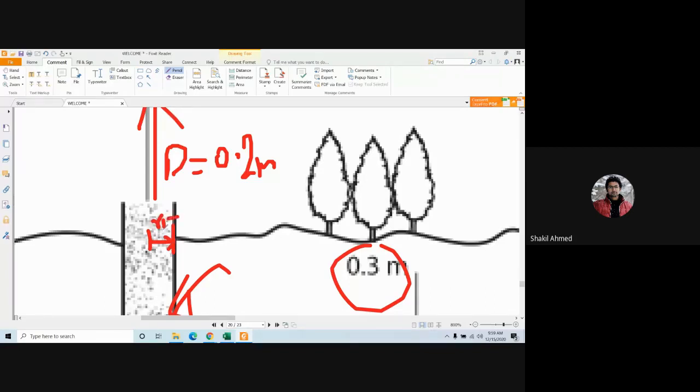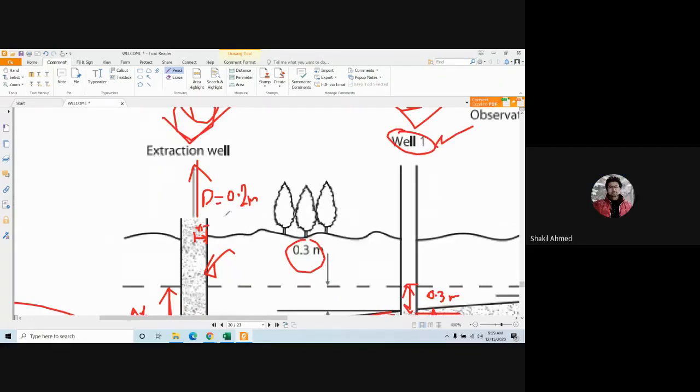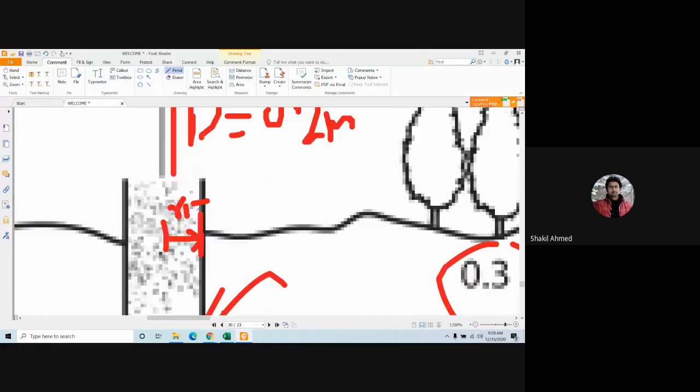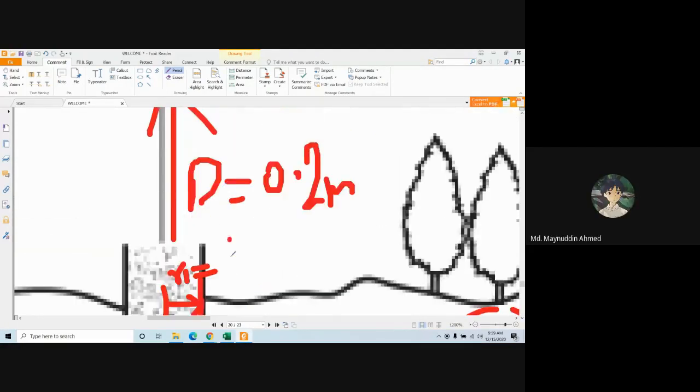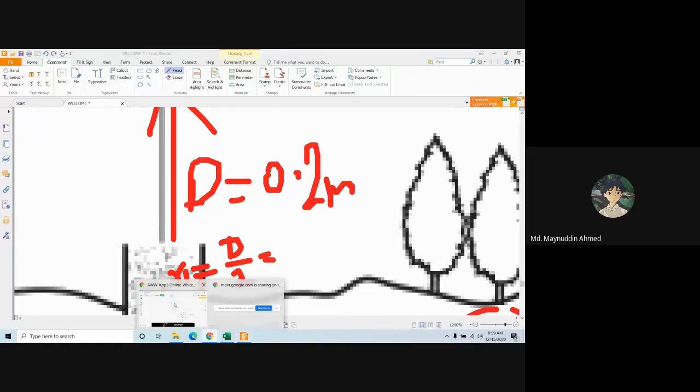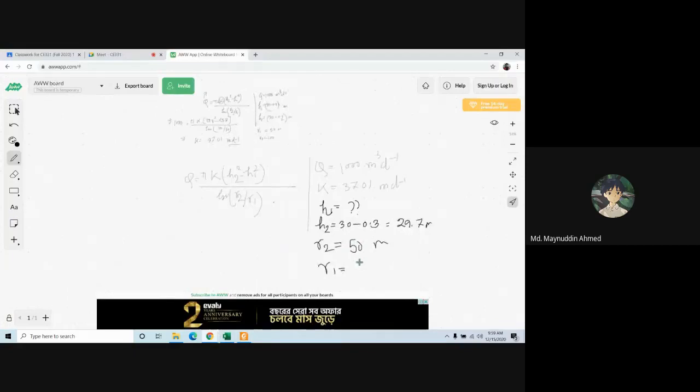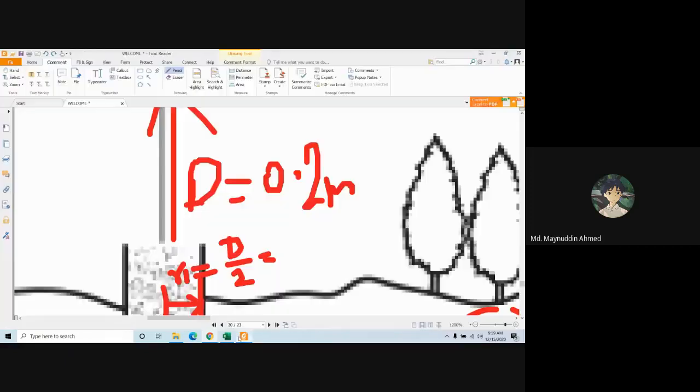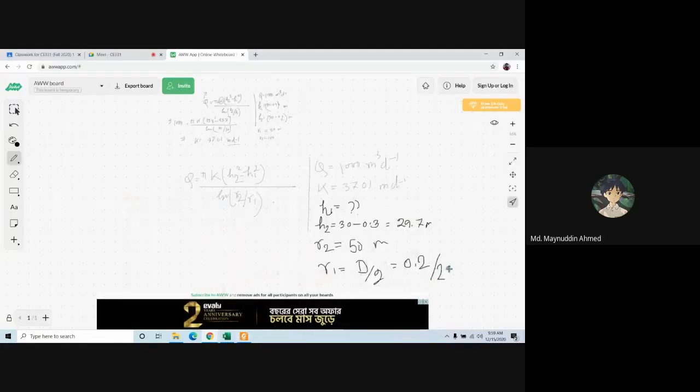Am I right? Yes, sir. What is the radius of this well? Diameter is 0.2. So radius will be D by 2, 0.2 by 2. We can write it here: R1 equals diameter by 2, which is 0.2 by 2, so 0.1 meter.